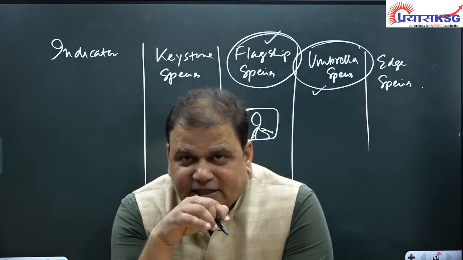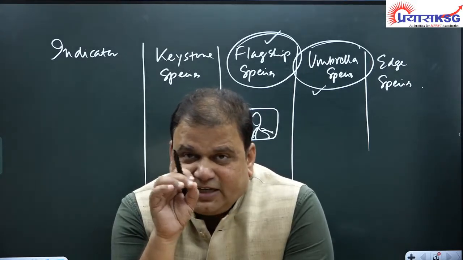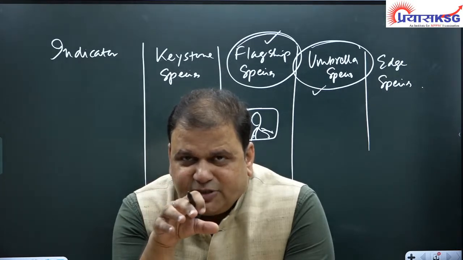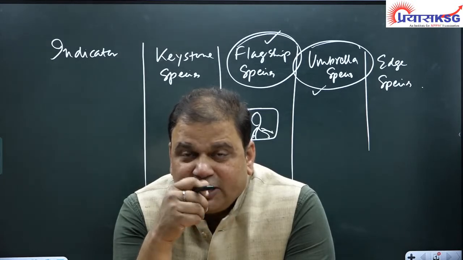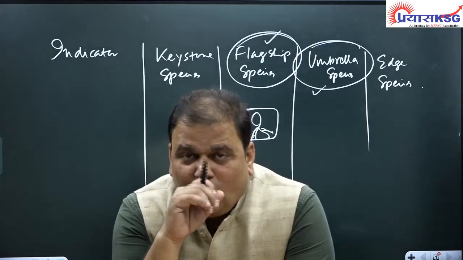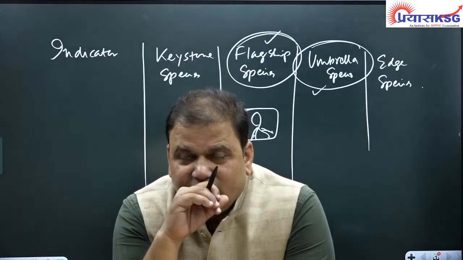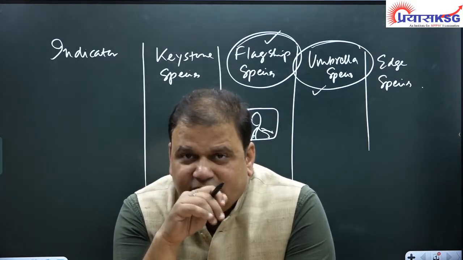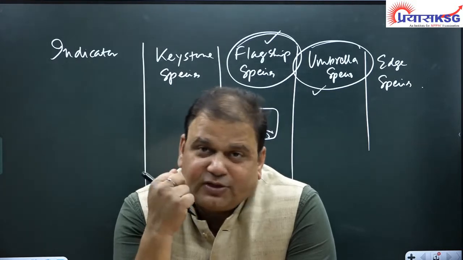As far as indicator species is concerned, the purpose of using this species is to identify an ecosystem or to know about its condition. For example, Gangetic river dolphins move only in the middle of the river, because the water is less contaminated.